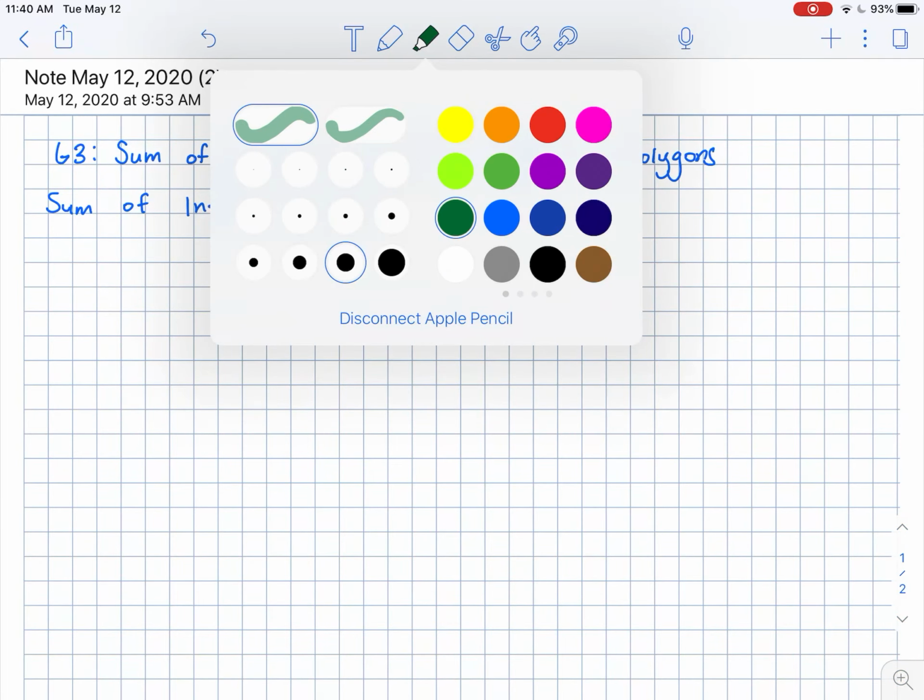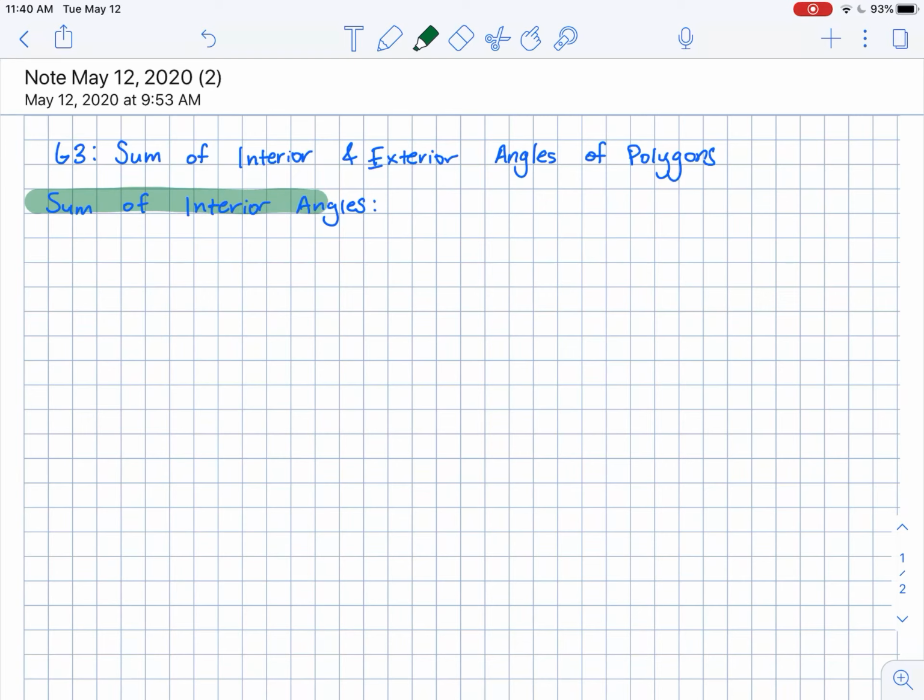Okay, and we're going to start off with something we're more familiar with. We'll start off with a triangle. So we already know this.